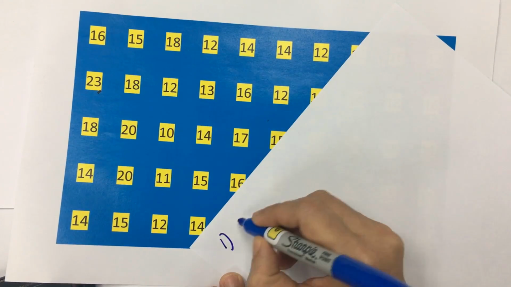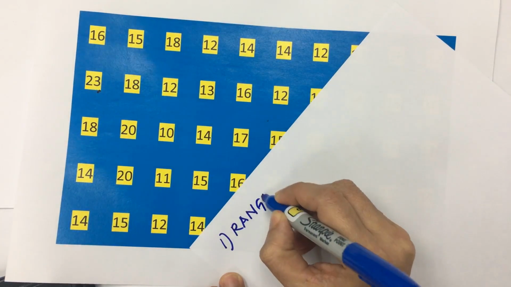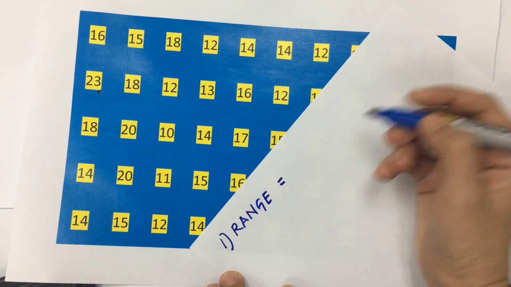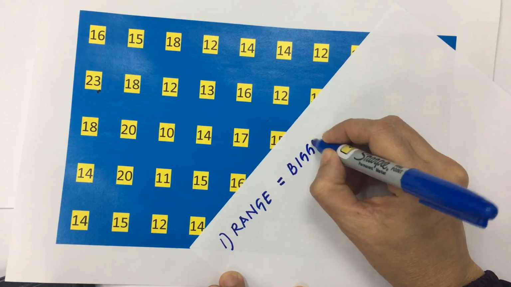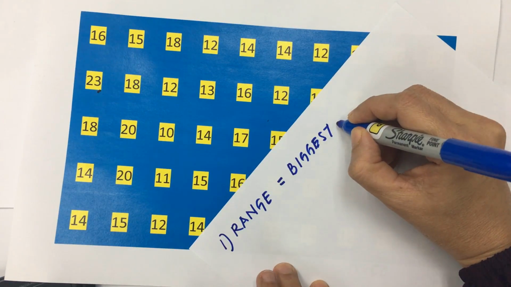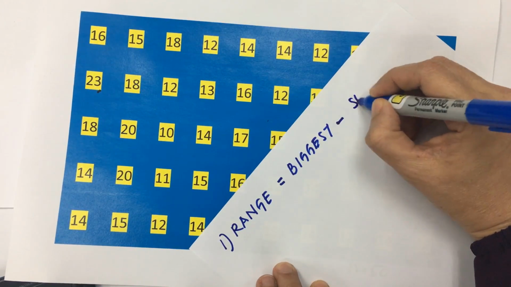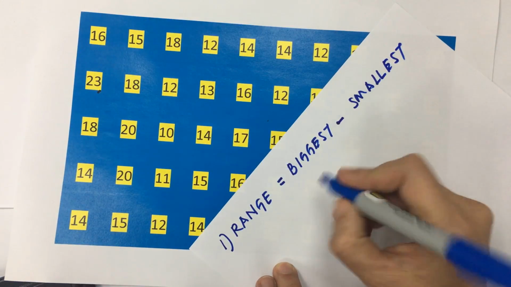First, you have to find the range. Range can be calculated by subtracting the smallest value of time taken to wind up the cable from the biggest value.